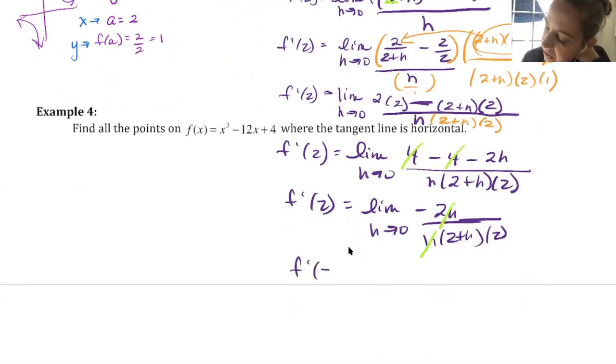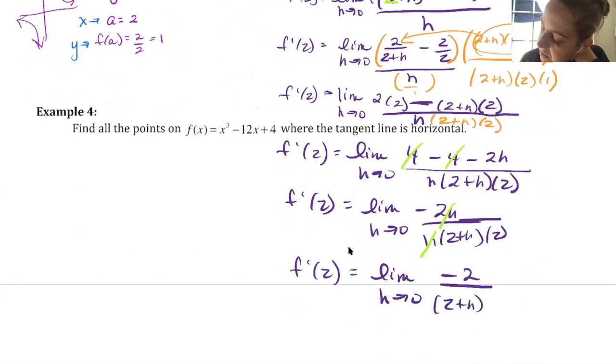So f prime of 2 is equal to the limit as h approaches 0 of a negative 2 over 2 plus h times 2. You could cancel those 2's out as well if you want to, the 2 in the numerator and the 2 in the denominator. Not the one in the parentheses. And you are left with a negative 1 over 0 in place of that h, negative 1/2.